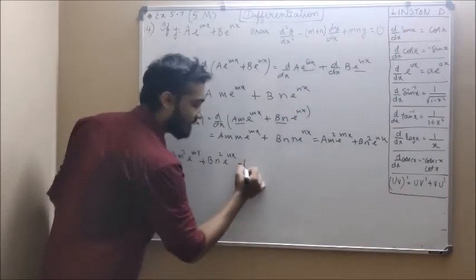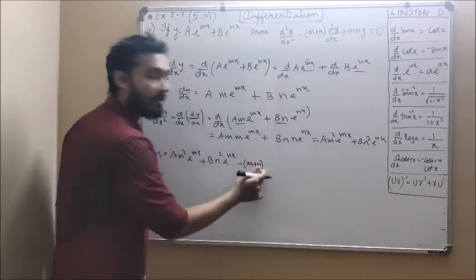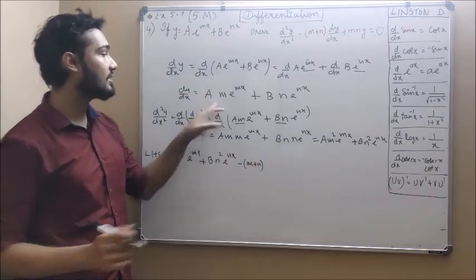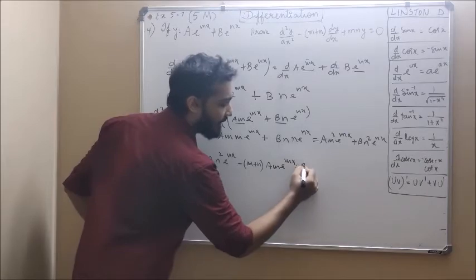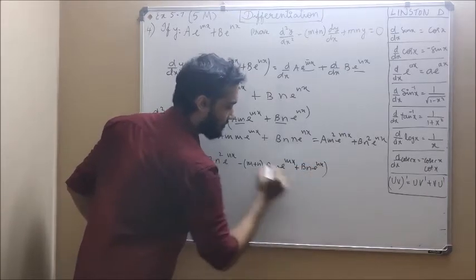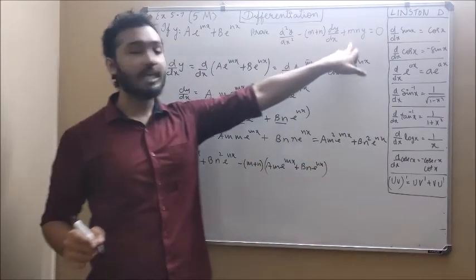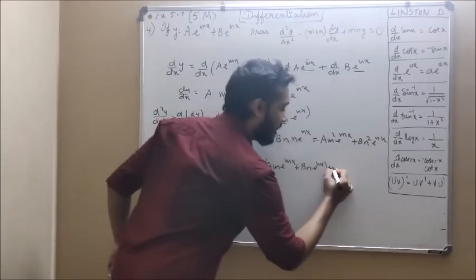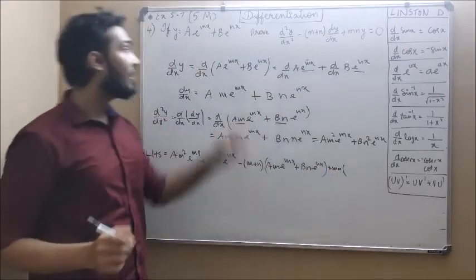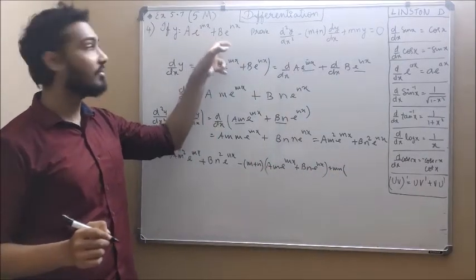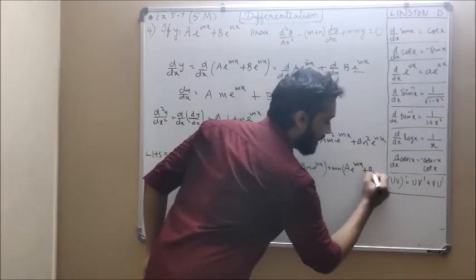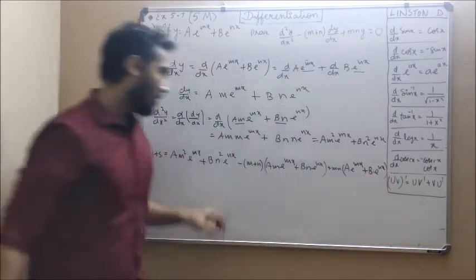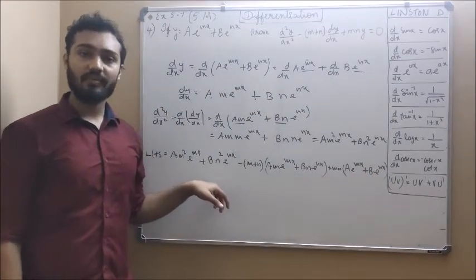It is a m e^(mx) plus b n e^(nx). Plus m n into y. What is y? y is a e^(mx) plus b e^(nx). So this is the LHS that we have taken.